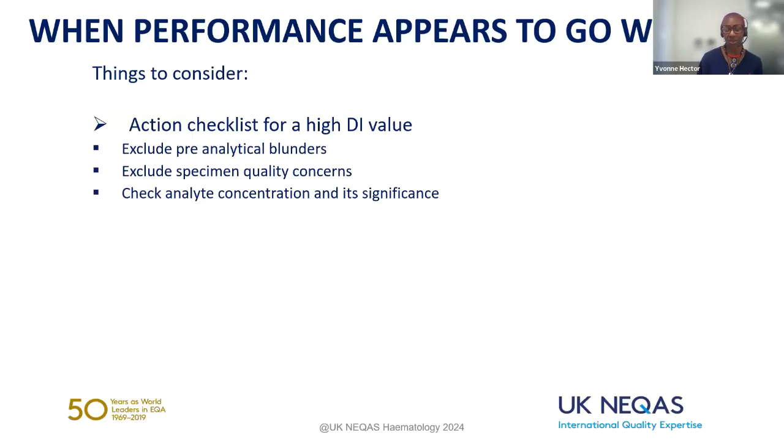It is important to make sure we're not missing anything at that survey, but we don't get overly concerned at high DIs at that point, because we want to look at overall performance and see how people are doing over a spread of time.